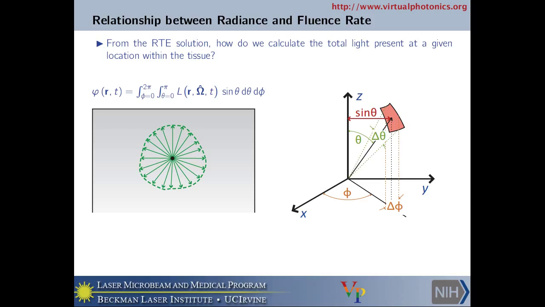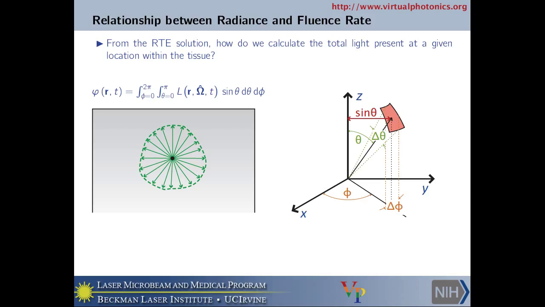Phi, at any theta, you want to go around the whole circumference of the unit sphere. And theta goes essentially from theta equals 0, which is collinear with the z-axis, all the way down to the negative z-axis, which would be theta equals pi. So your limits of integration are in phi from 0 to 2 pi, and in theta from 0 to pi.